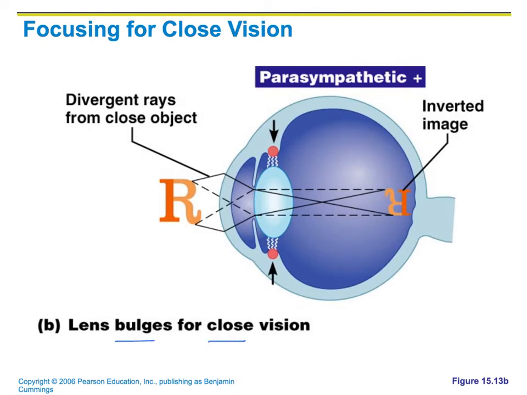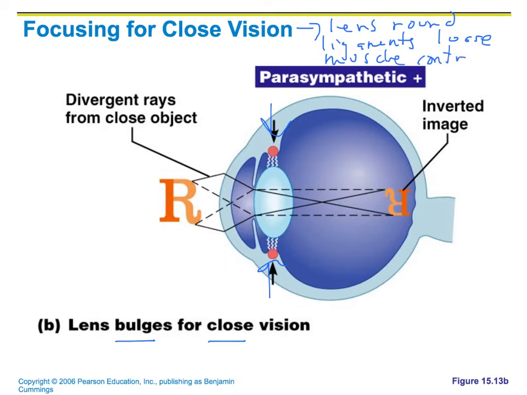We want the lens bulging, so we want that lens round. To get that lens round, we want the ligaments to be loose. If the ligaments are loose, we want the muscle to contract. So please remember those differences.